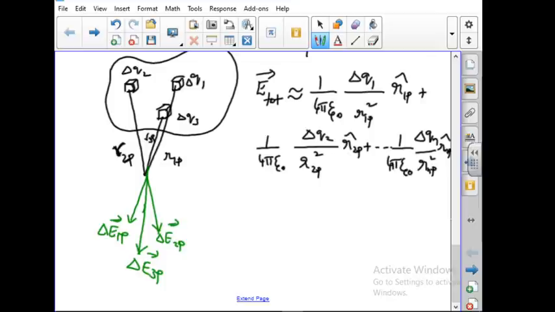Therefore, we can write it as 1 by 4 pi epsilon naught.